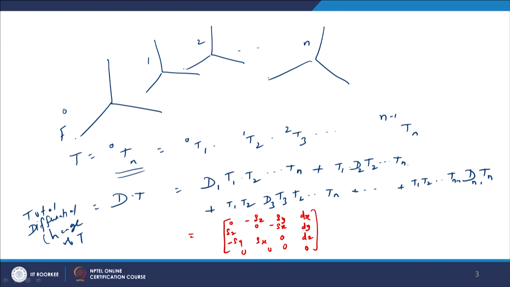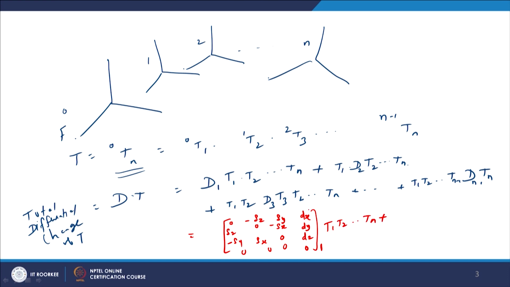So, this is with respect to the first frame. I can write this 1 matrix into T1, T2, etc.